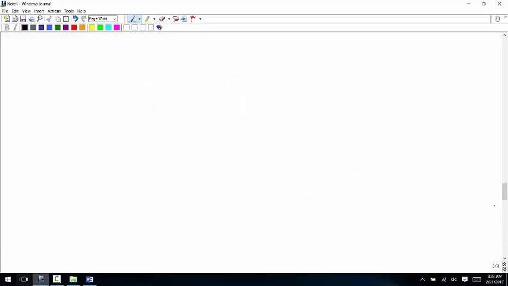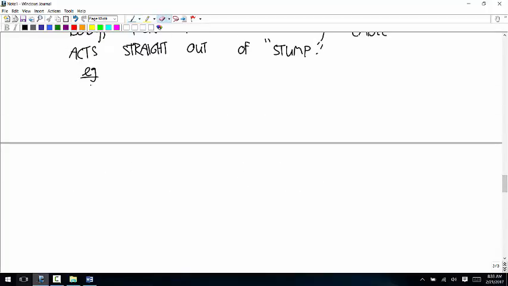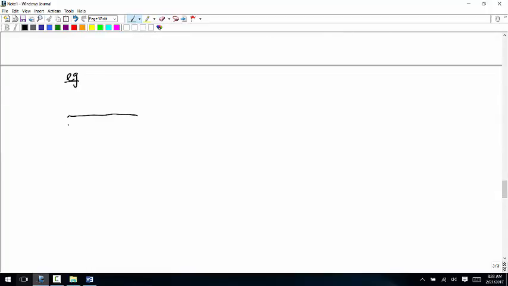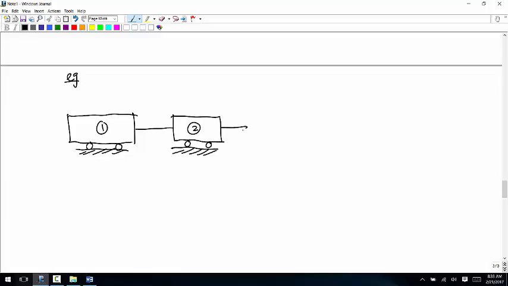So for example, let me draw this setup that I had before again. So there's cart 1. Cart 2. 50 newtons. Okay, so if we're going to isolate body 1, there's the outline.